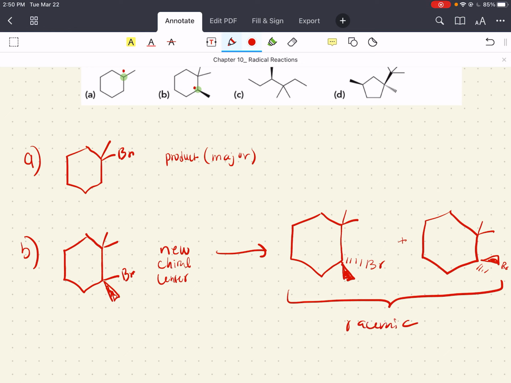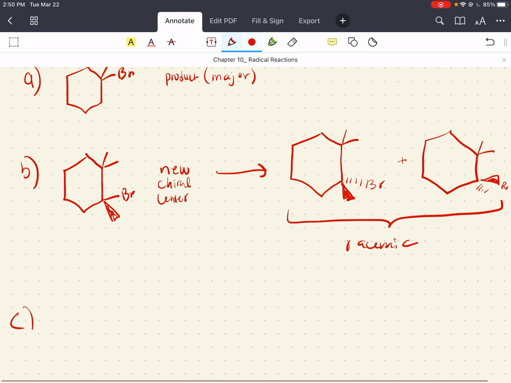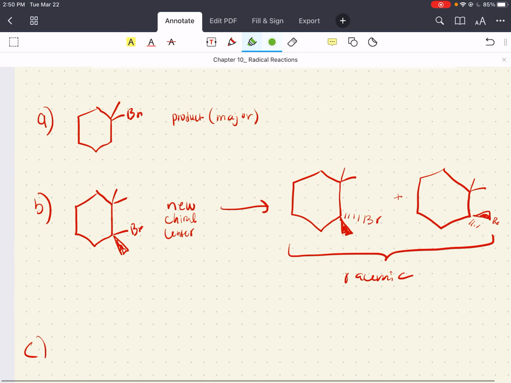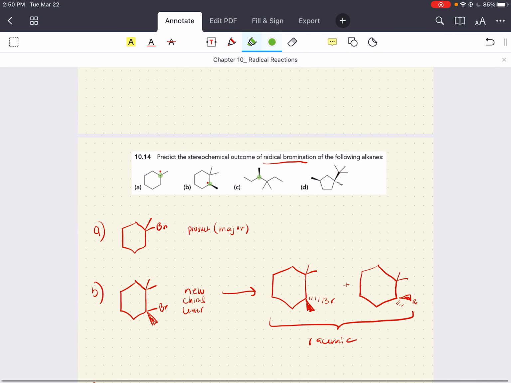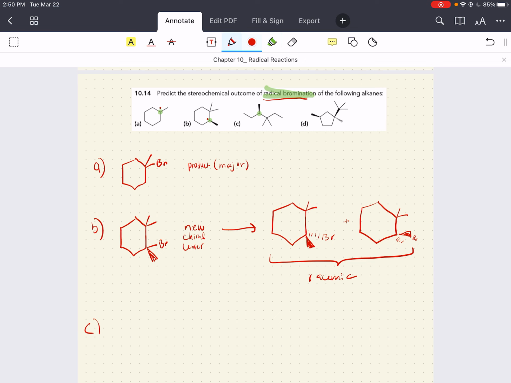Fantastic. Let's go ahead and also do C. I will leave D for you. So let's do C. Now, if we do a hydrogen abstraction here, we'd form a tertiary radical, which would be very stable, and that's what we want because we're dealing with radical bromination. We know how picky that is. All right, so we're going to be adding a bromine there. If we add a bromine there, we formed a new chiral center.